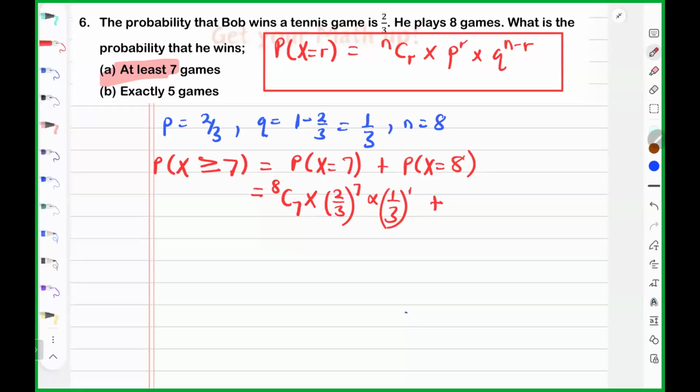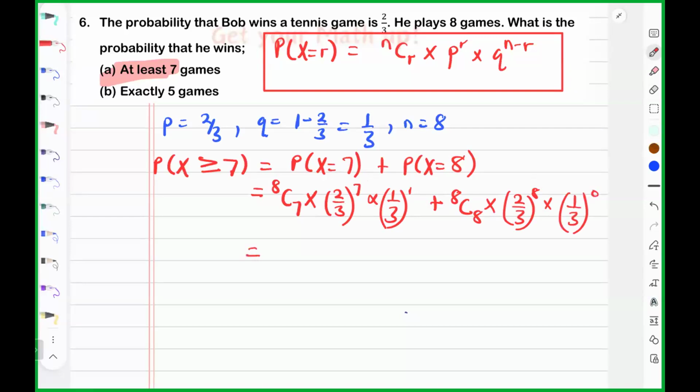Then for X equal to 8, we shall have 8 combination 8 times P, 2/3, power 8 times a third power 0. 8 minus 8 gives us 0.